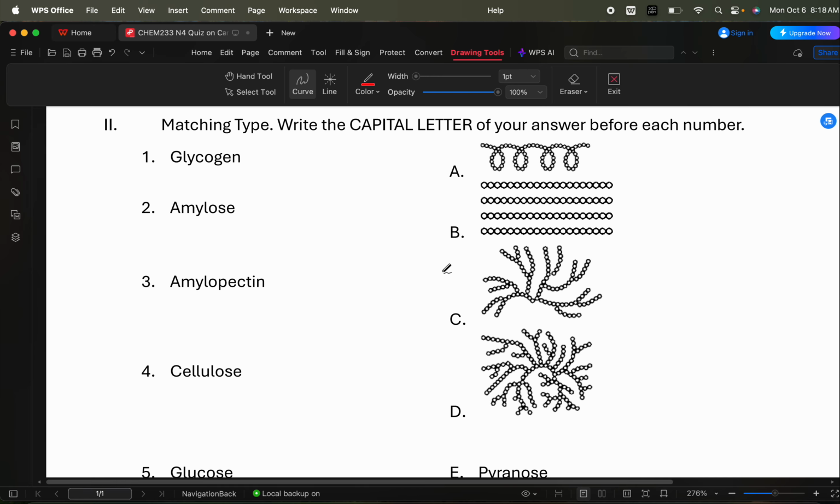Now, we look at the structure at the right, and we can see that the branching is what distinguishes each of these diagrams. So the branching.